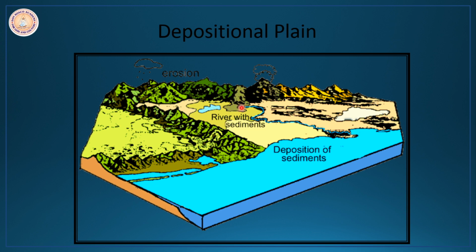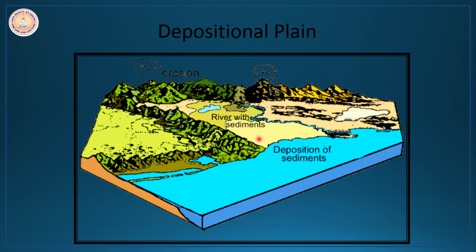When the deposition of sediments takes place on a large scale, such plains are formed. So deposition is occurring on a large scale, and we can see depositional plains are formed in large areas.